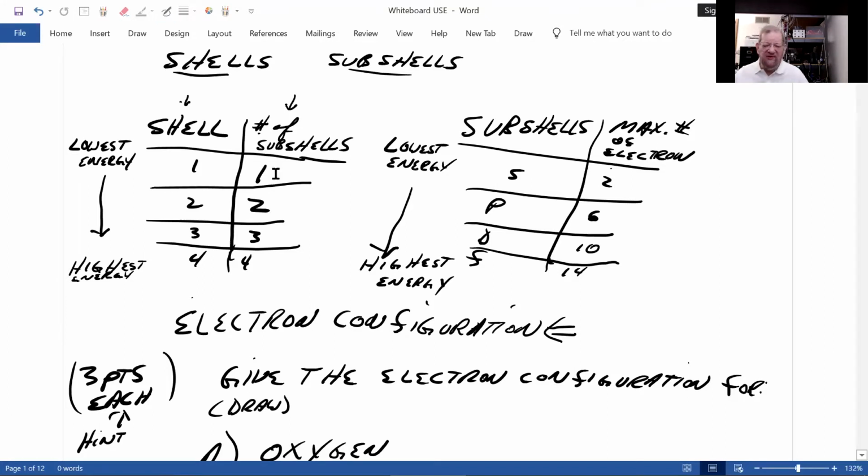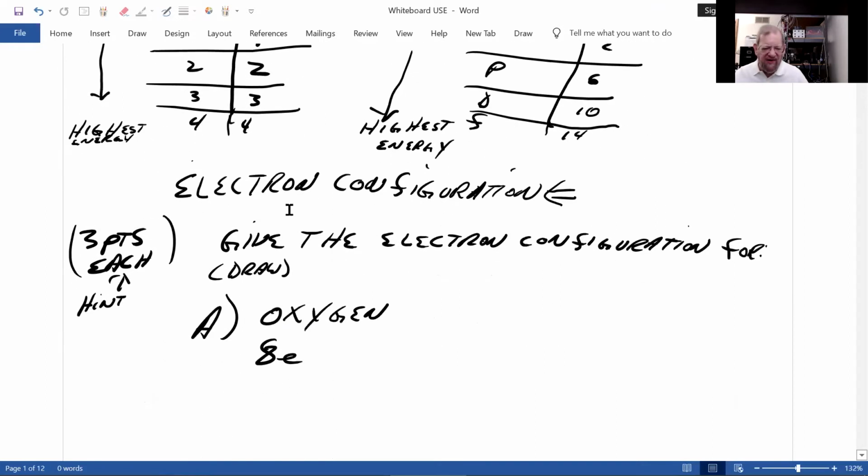So the lowest energy shell is 1. It has one subshell. Remember, a subshell is always a number and a letter. So the first place we can put electrons is in the subshell for 1, 1s.